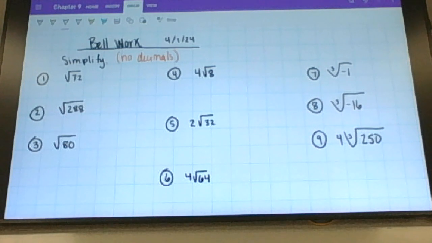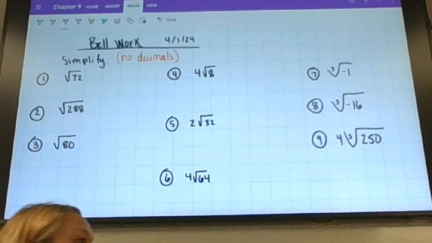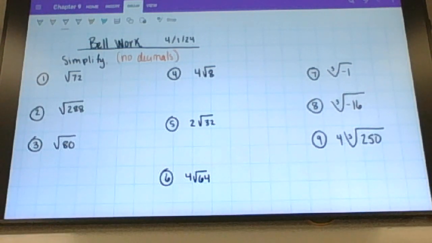So the only way to do that is to know what perfect squares are. So I look at 72. And here's my list here. I'm going to extend it until I get higher than 72. What's 8 squared? So I got 64.